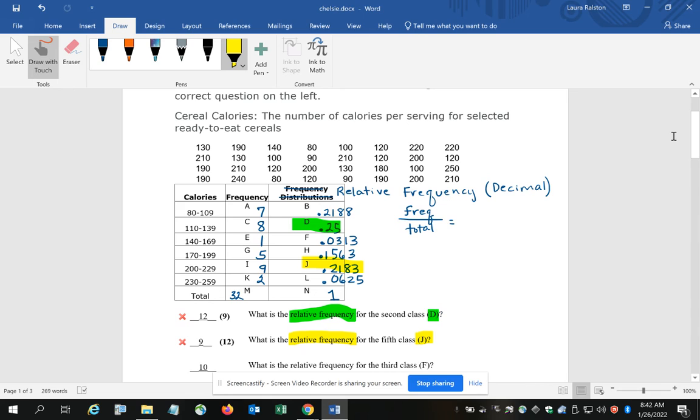I wonder if that's 2.8. Did Miss Ralston make a typo there? Very well could have. 9 divided by 32 should be 0.2813. I'm sorry, Miss Ralston made a boo-boo.